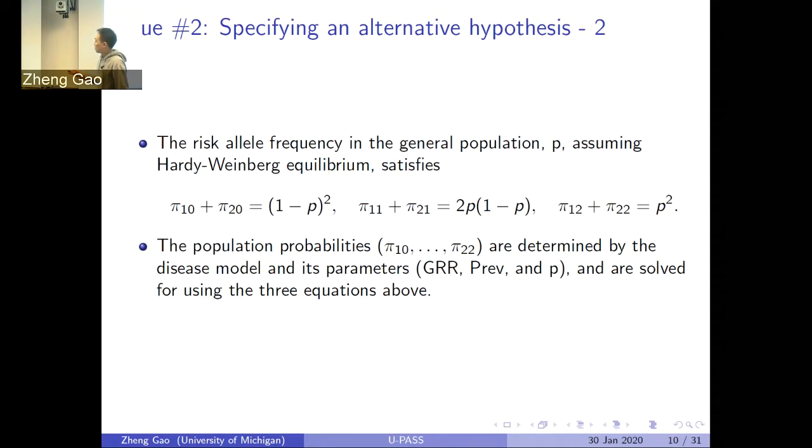So now the probability tables, pi 10 to pi 22, the 2 by 3 table, are determined jointly by these three numbers, so that you can proceed with the calculation. So that's how an existing calculator proceeds.